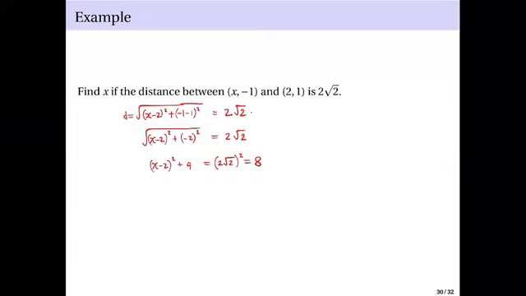Then we solve for x. So we isolate this part here. We have x minus 2 quantity squared equal to 8 minus 4. So we move this 4 to the other side. And that's equal to 4.